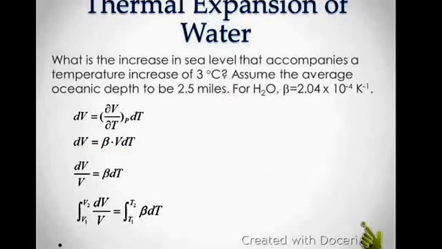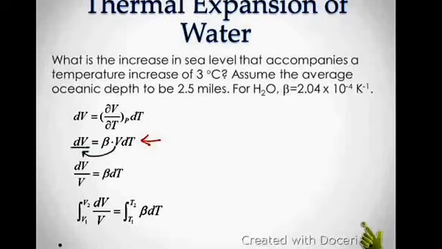Okay, so now that we've got dV is equal to beta times V dT, we're going to divide, because we've got volume on the right side of the equation. What we need to do is make sure that in these differential equations we get the similar variables on the same side of the equation.